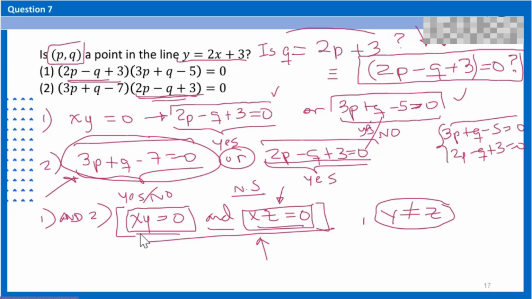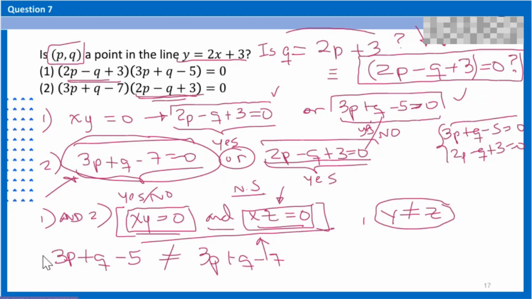Imagine x being 2p minus q plus 3 and y and z the other two expressions, 3p plus q minus 5 and 3p plus q minus 7. We know from the particular shape of these expressions that the expressions other than 2p minus q plus 3 have to be different. Why is that?